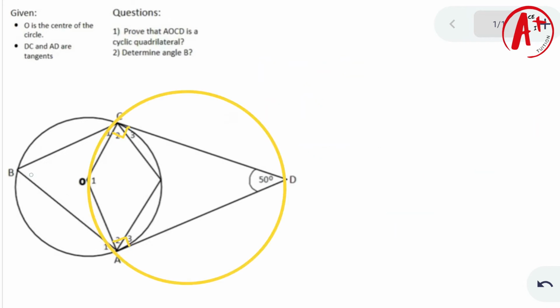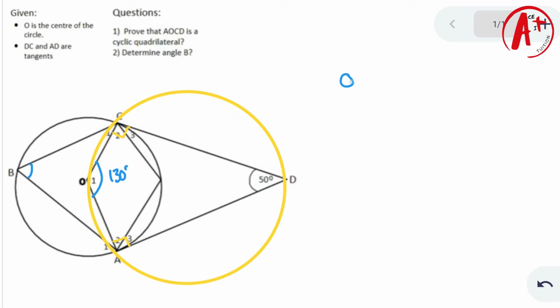Now, let's answer question 2. We are looking for the angle B. Now remember, in most cases, we always have to use answers from our previous questions in order to answer the next question. So, because we proved AOCD to be a cyclic quad, we know that angle D and angle O1 have to equal 180 degrees. So, because angle D is 50 degrees, that means angle O1 has to be 130 degrees.